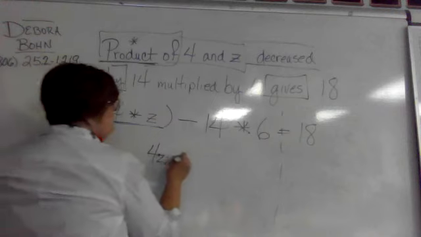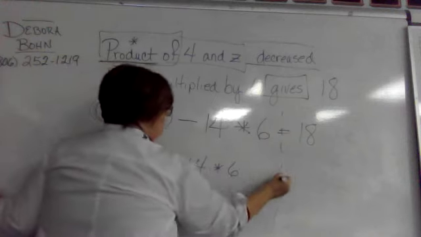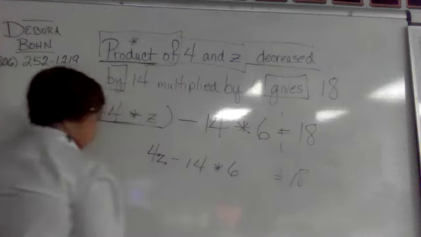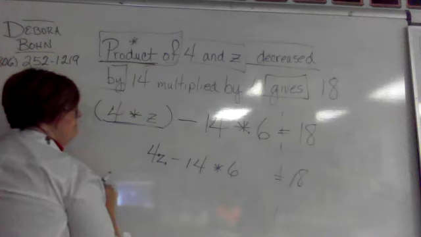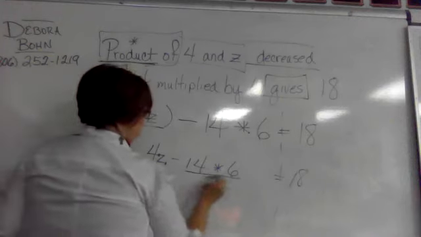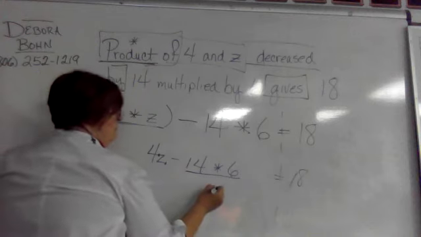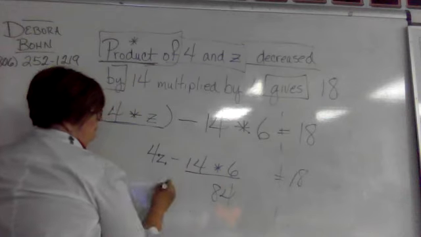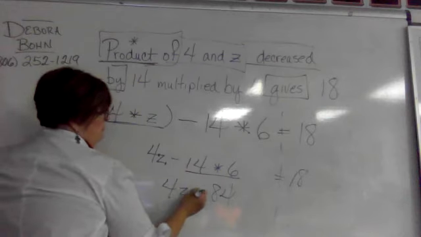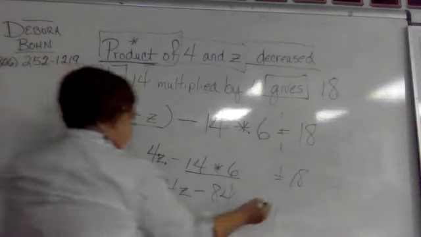Minus, and then I write the rest of the problem down. Now here, according to PEMDAS, what do I do next? 14 times 6. So that would be 84. Equals.